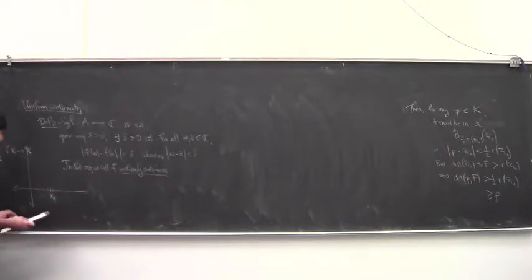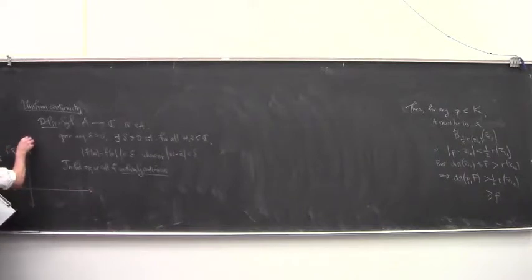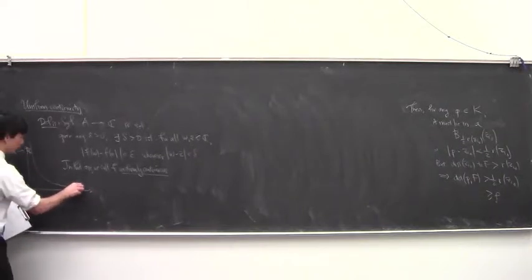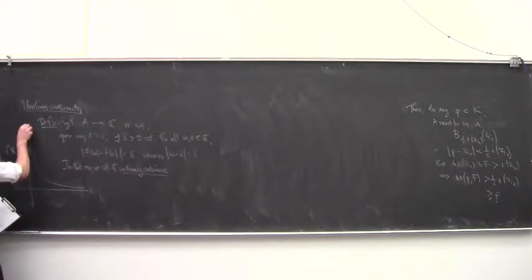If that's not the case, for example, if you look at 1 over x, is that uniformly continuous? If I give you an epsilon, can you find a delta so that whenever two points are less than delta apart, their outputs are always less than epsilon apart?